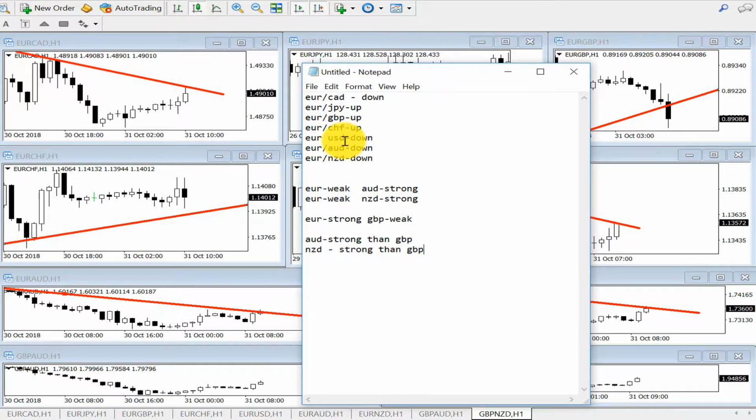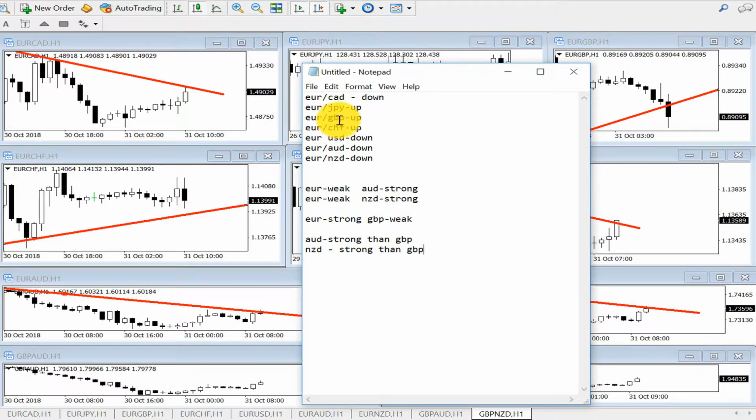So here euro is weak, USD is strong, euro is weak, AUD is strong, euro is weak, and New Zealand dollar also is strong. So we can conclude that euro is weak and Australian dollar is strong, euro is weak and New Zealand dollar is strong. We can see this in our chart.